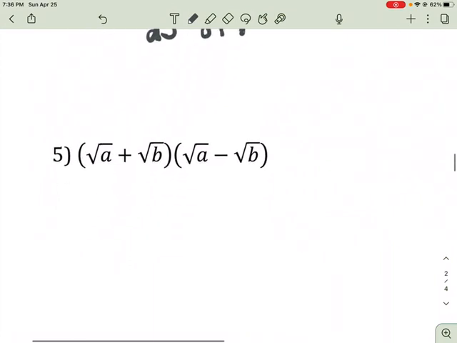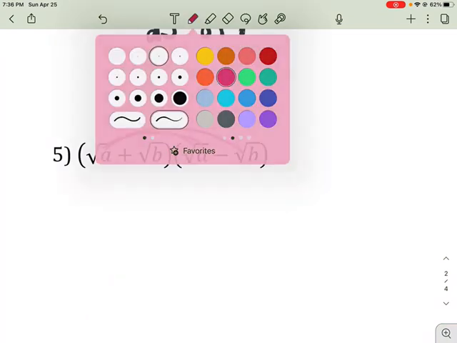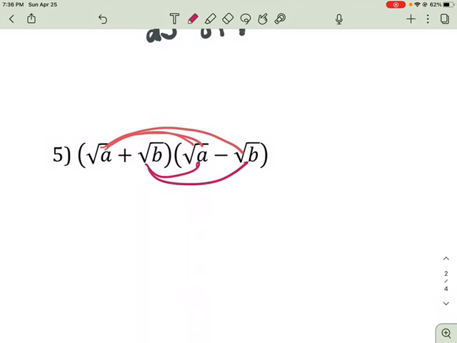Okay, let's do one more. No numbers. All right, again, square root of A, square root of B, square root of B. There we go. Okay, remember, numbers with numbers, radicals with radicals.